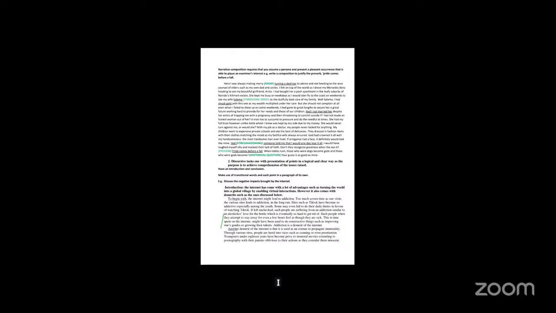I had bought her a posh apartment in the leafy suburbs of Nairobi's Kilimani estate. She kept me busy on weekdays as I would later fly to the coast on weekends to see my wife, Salama. In Kiswahili, you have this one a lot. You call it majazi, giving someone a name symbolic to their behavior.